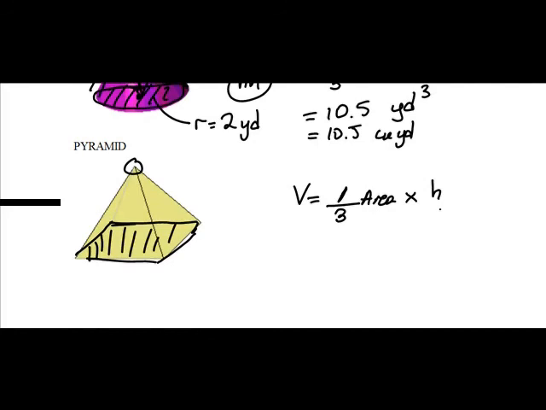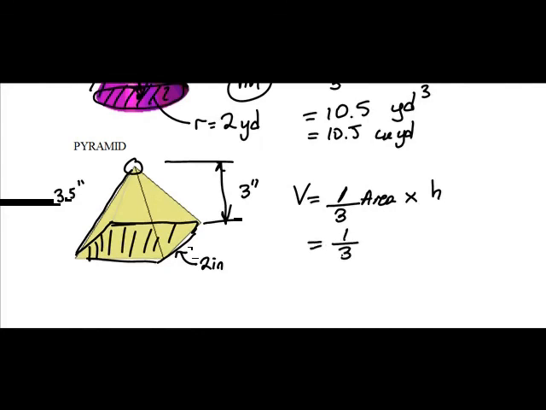The height that is actually perpendicular, not the slanted height. Let's assume one side of it is 2 inches and the height is 3 inches, and this slanted height is 3.5 inches. So what would be the volume?